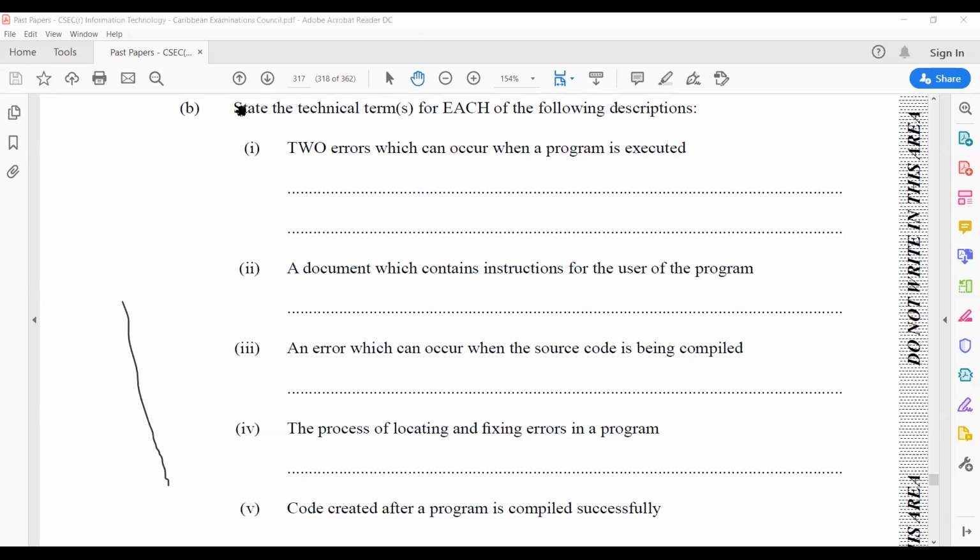All right, so for the first part of the question: two errors which can occur when a program is executed.